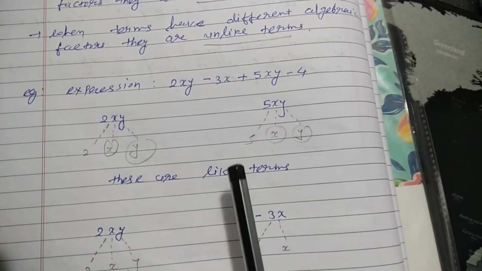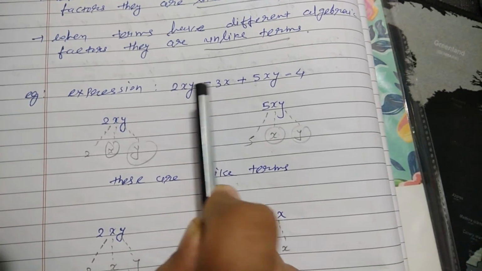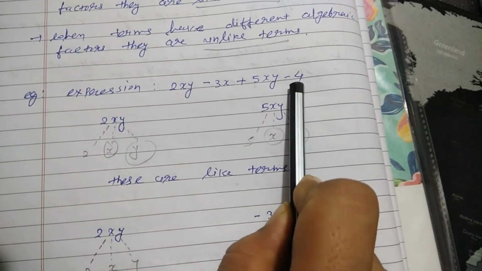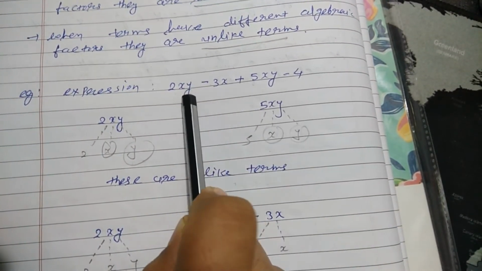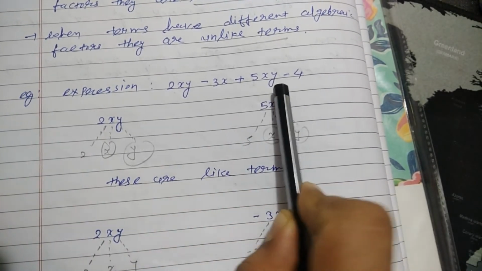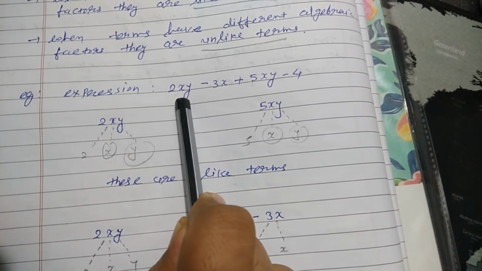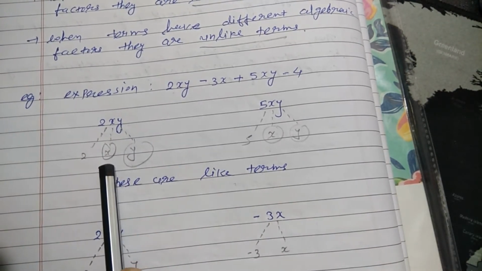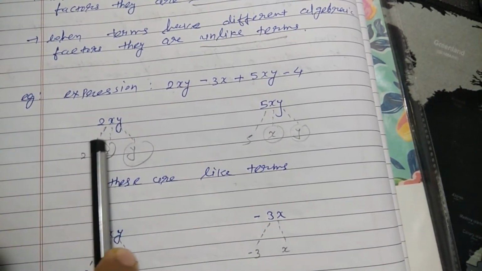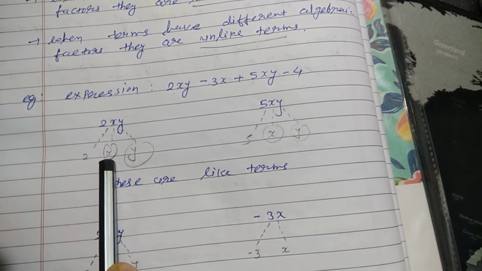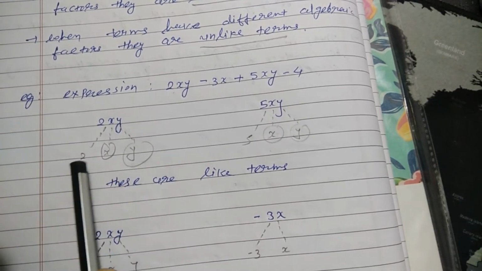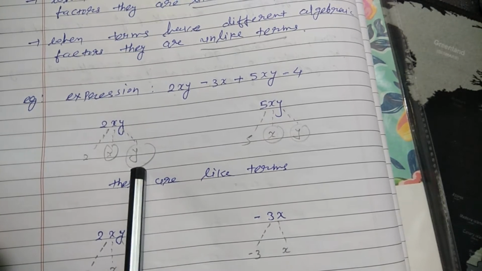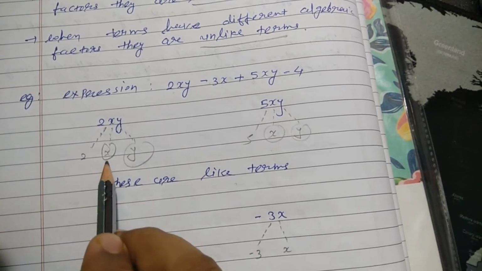Now for an example, we will take this expression: 2xy minus 3x plus 5xy minus 4. How many terms are there here? 1, 2, 3, 4. Here 4 terms are there. Now we will compare these two terms, 2xy and 5xy. When we factorize it, we get 2 multiplied by x multiplied by y. So we get 3 factors: 2, x and y. Out of these 3 factors, the algebraic factors are x and y.